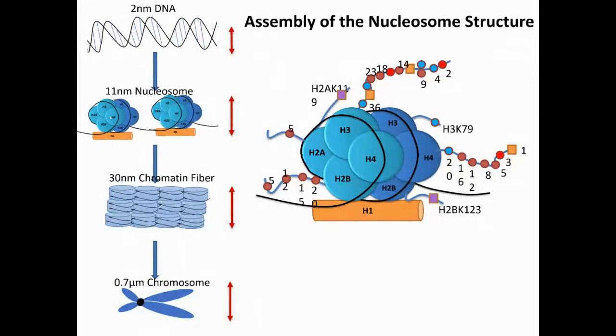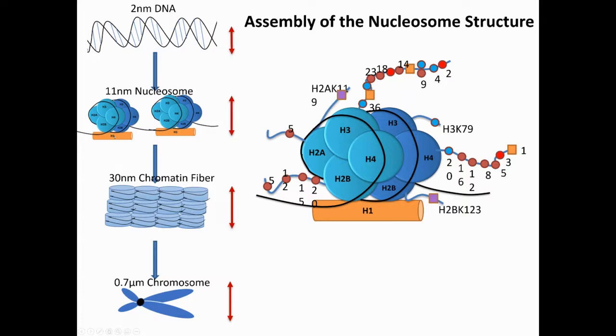Then the H2A dimer and H2B dimer join to form the complete nucleosome and seal the 147 base pair DNA. That's from 2 nanometer DNA to the 11 nanometer nucleosome.